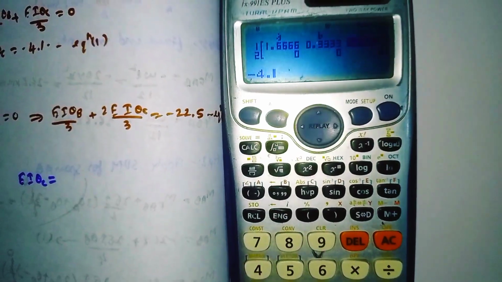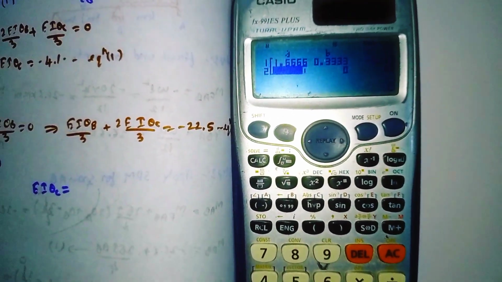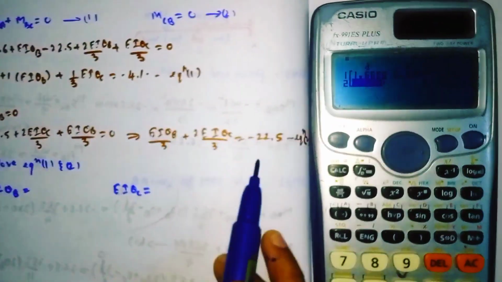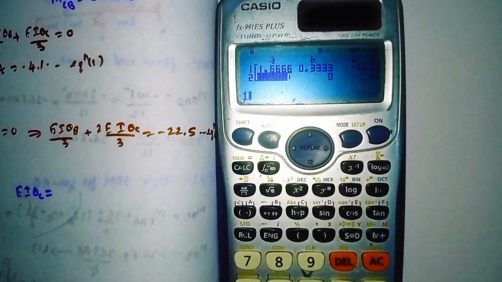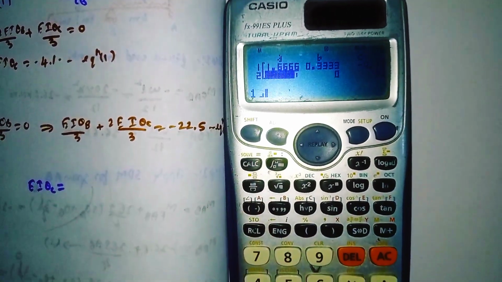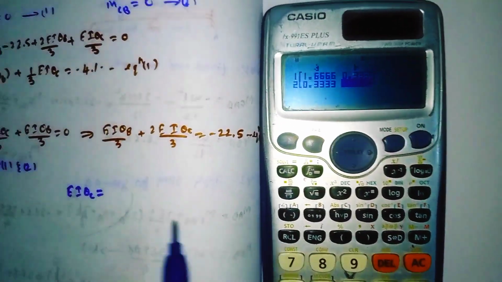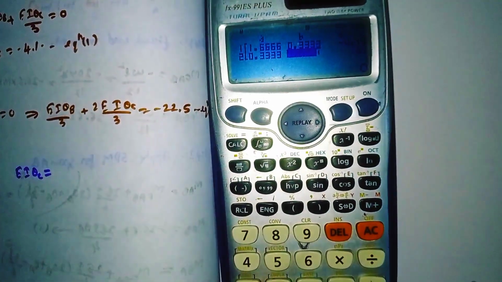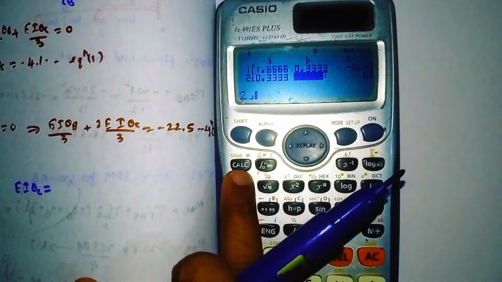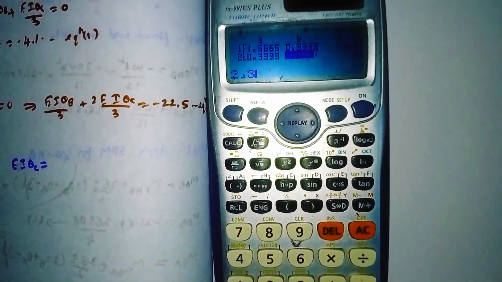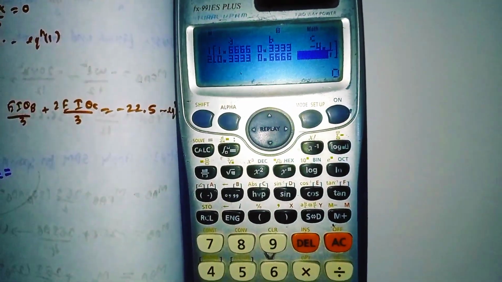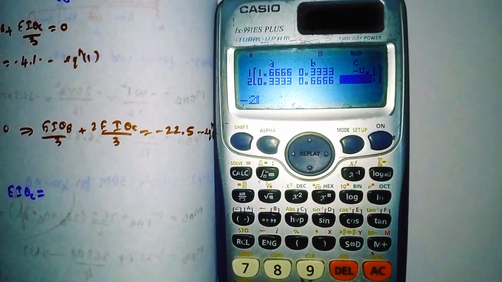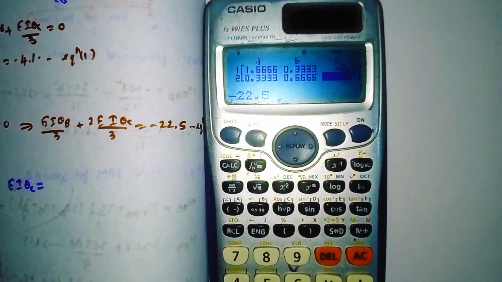Minus 4.1 is equal to, our equation 2 is 1 by 3. 1 divided by 3 is equal to 2 by 3. 2 divided by 3 is equal to minus 22.5. So solve it.